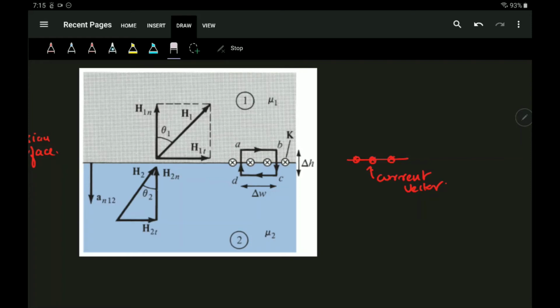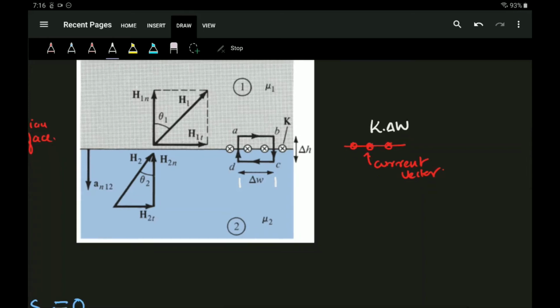This current is usually defined as sheet current, which is K dot del w. Here it is not del s, it is del w, because that is the width we are considering. So that is the current flowing through that particular path.